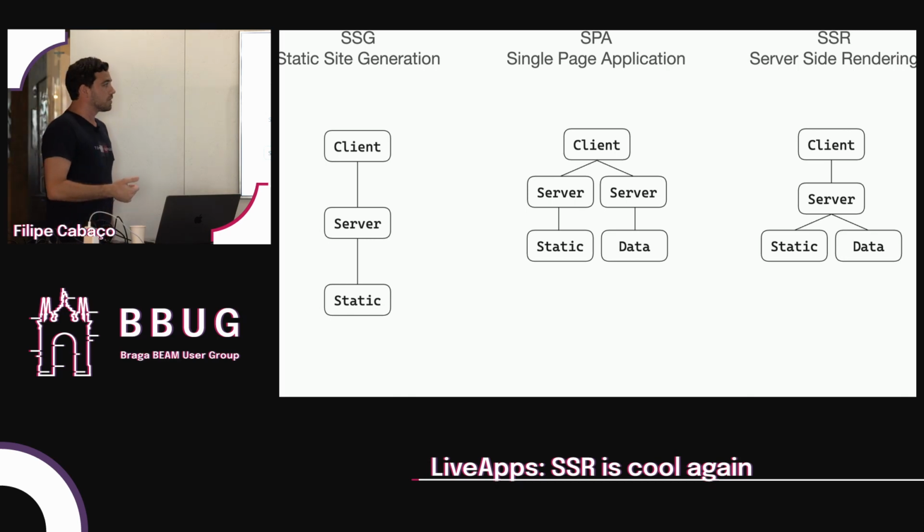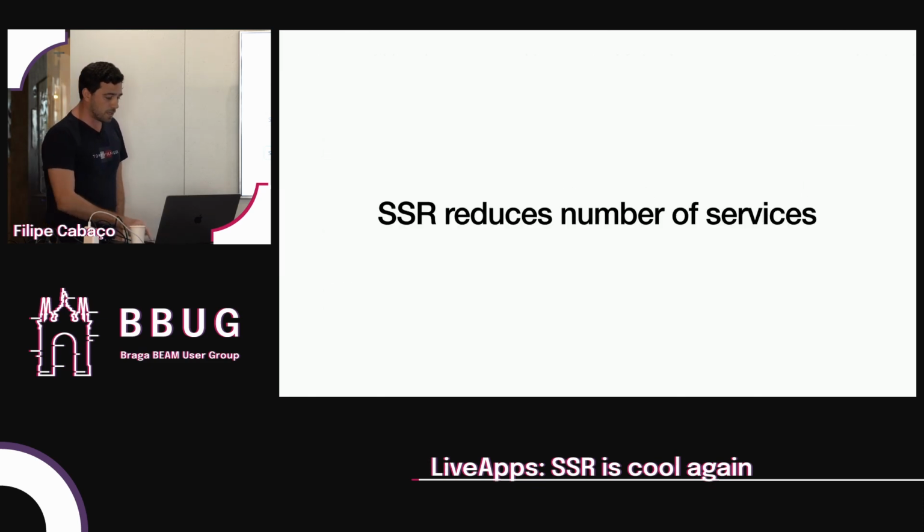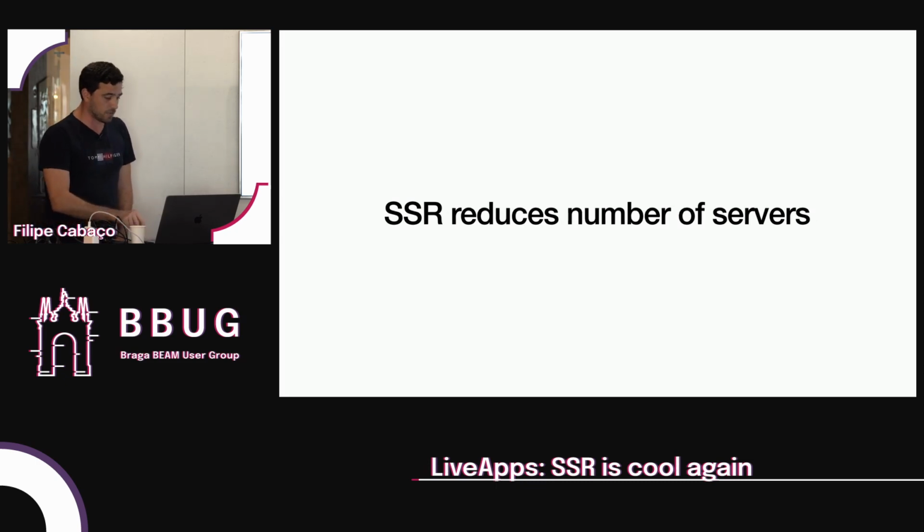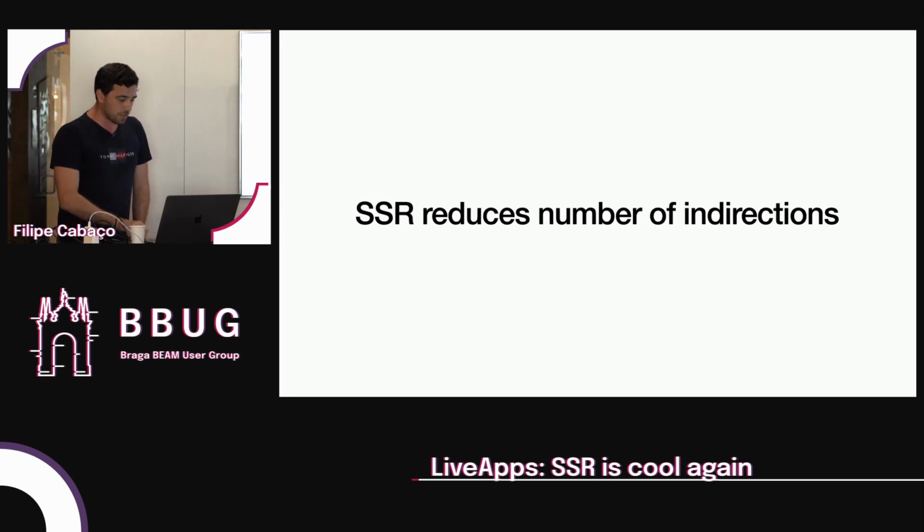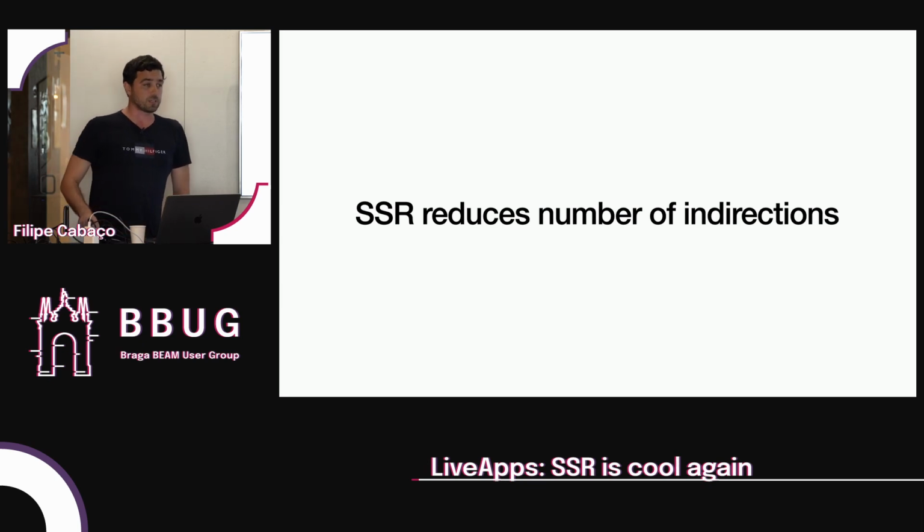You have SPAs where you have a client, usually two servers, one for static data, another one for data. Then you have server-side rendering where the same server will serve you static and data, meaning that it reduces the number of services, which reduces the number of servers, which reduces the number of indirections.